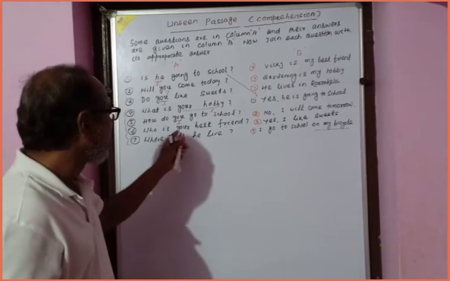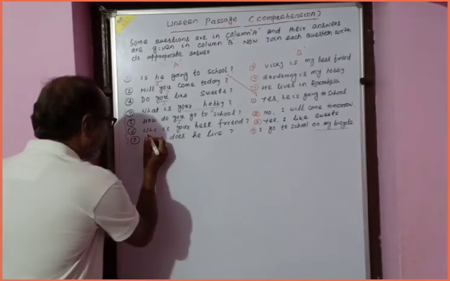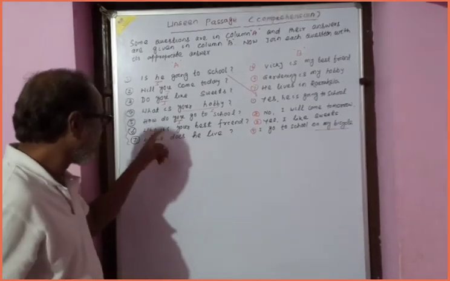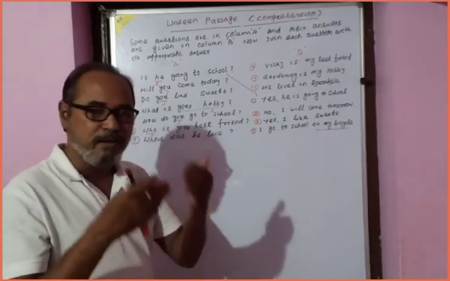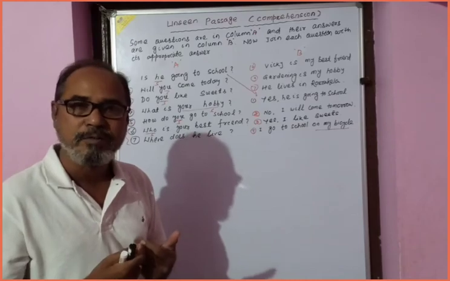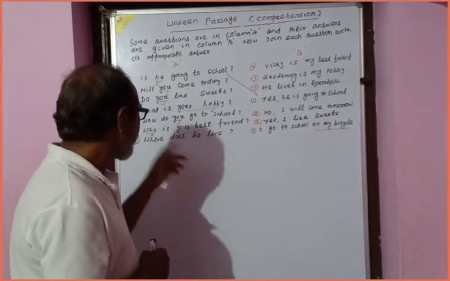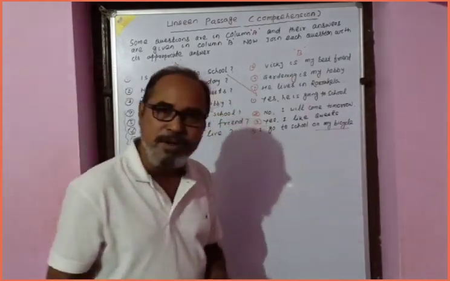Who is your best friend? Here who is used as the subject. As there is no subject, we want the subject as the answer. Mohan is my best friend, or Vicky is my best friend.